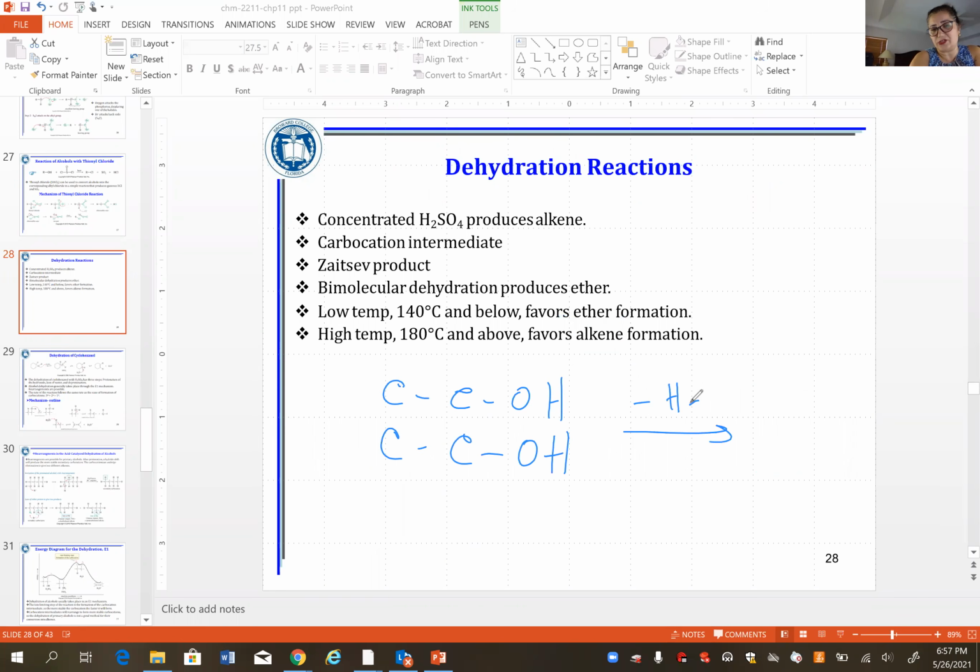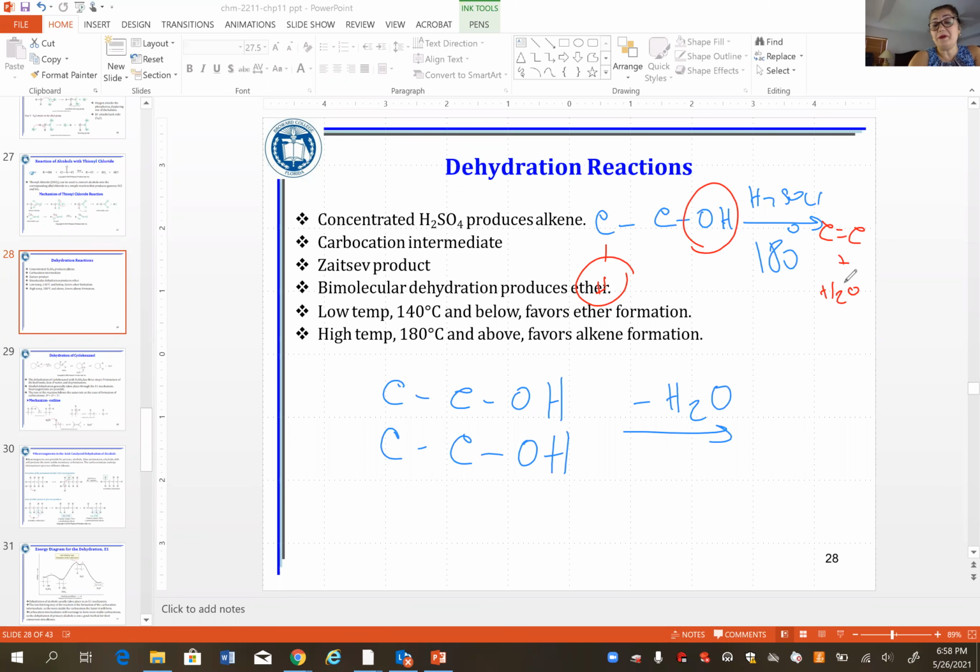Dehydration means minus H2O. In a unimolecular dehydration at high temperature, let's say you have H2SO4 and then 180-degree temperature, OH is going to leave from 1, and this hydrogen would leave, so you get a CC double bond plus H2O.